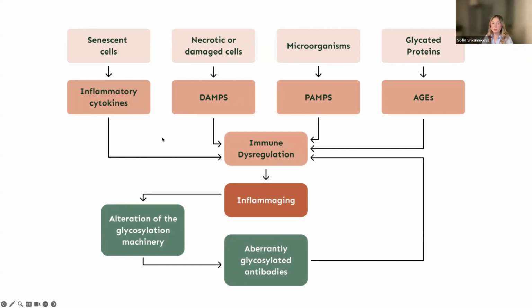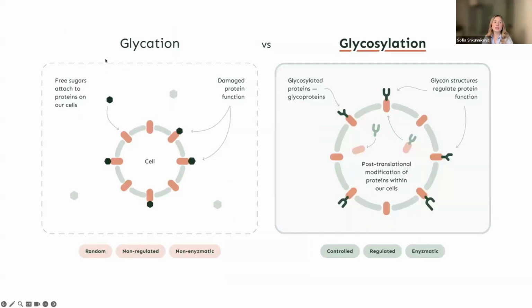Now, these processes actually cause the alteration of the glycosylation machinery, which means that the enzymes that glycosylate our proteins will be functioning differently, which leads to aberrantly glycosylated antibodies, which is a very fancy way of saying that our IgG glycans will be different in inflammation.